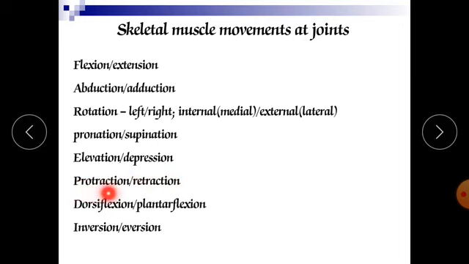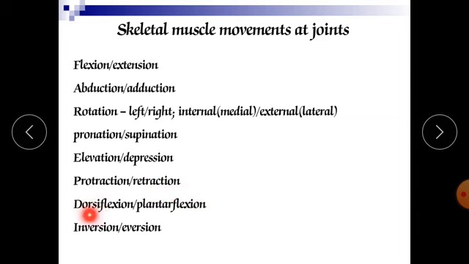Protraction is when we move any part of our body forward. When we move our jaw forward, it is called protraction. And when we move it back, it is called retraction.